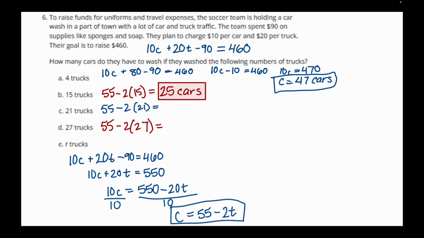For C, we're going to do, I don't know if I called the last one C or not. It's B. But either way, this is going to be 55 minus 42. So that'll be 13. So we can say 13 cars.